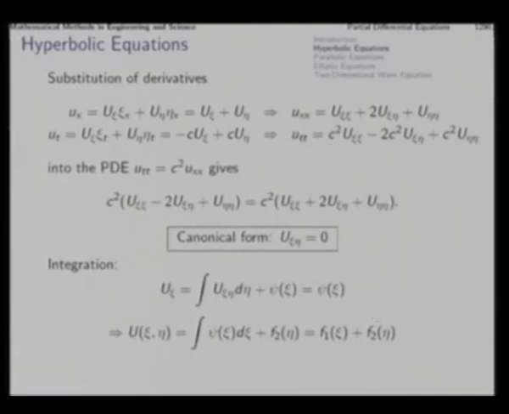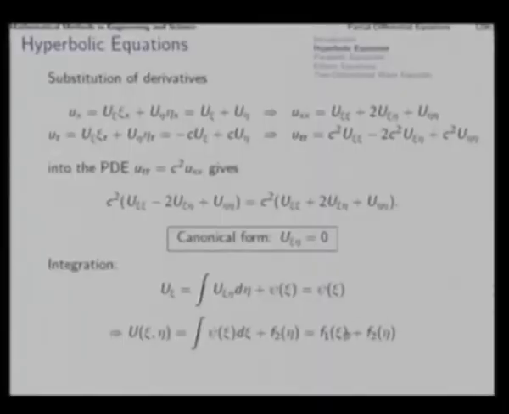Any two functions f1 of xi and f2 of eta will fit the purpose as a solution of the PDE. Here also there is a kind of separation of variables in a way. Now, if you put xi and eta in terms of x and t, then you get this as the famous D'Alembert solution. Now, what does this mean?